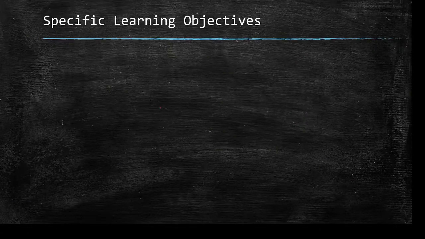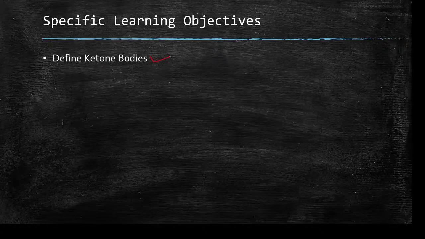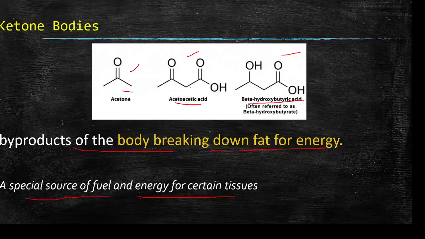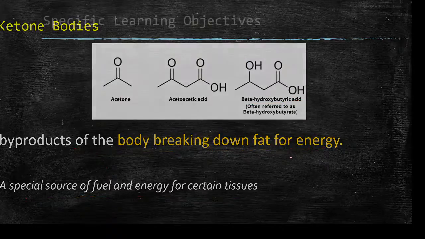So what are the objectives of today's class? At the end of this class, you will be able to define ketone bodies and enlist different ketone bodies, that is acetone, acetoacetate and beta hydroxybutyric acid. In fact, beta hydroxybutyric acid is not a ketone, but still it is added under the ketone bodies because it is a derivative of these molecules and it is generated along with the fatty acid breakdown.